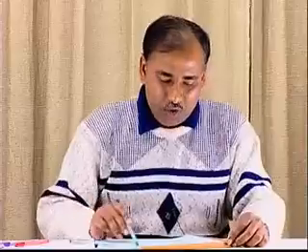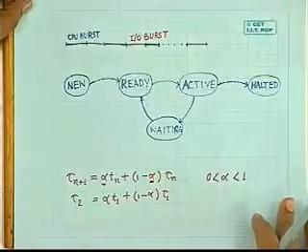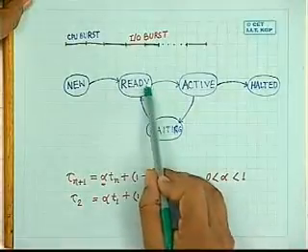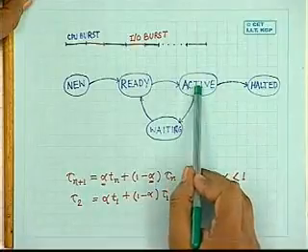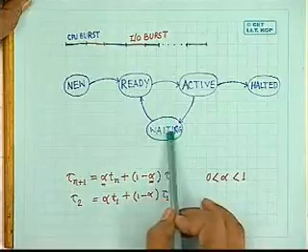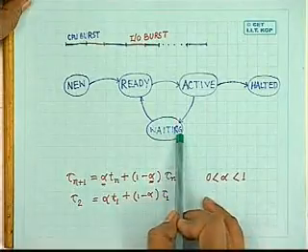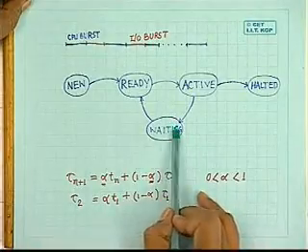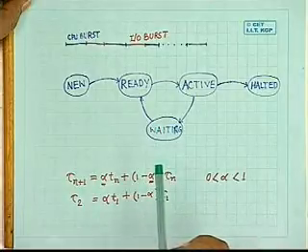As I was saying, when I drew this process state diagram, we said that the process can move from the ready state to the active state to the waiting state when the process is performing some IO operation. Then at the completion of the IO operation, the process goes to the ready state.